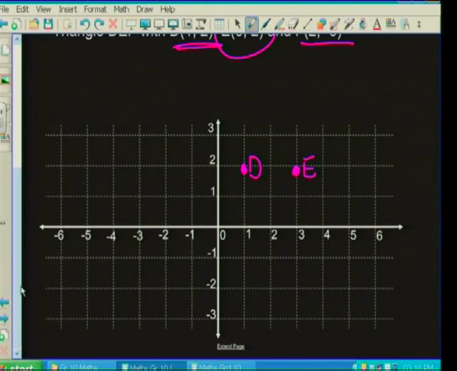So now we're down here. X is 2, y is negative 3. Over there. And we can connect the sides of the triangle. So really, guys, a very easy question. You would have been able to do this in grade 8.